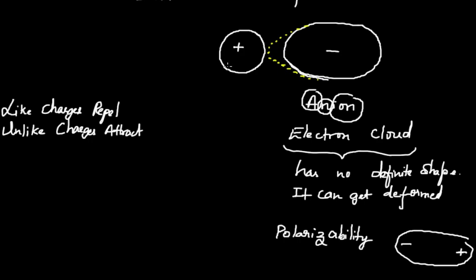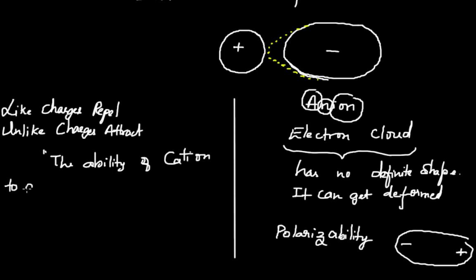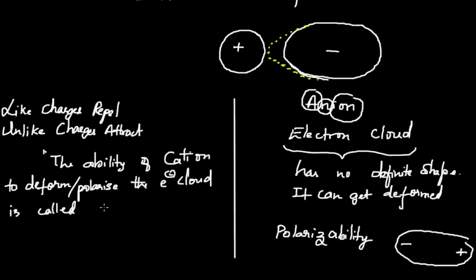So the ability of a cation to deform or polarize the electron cloud is called polarizing power.